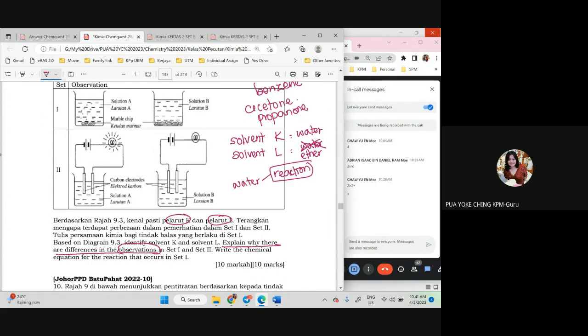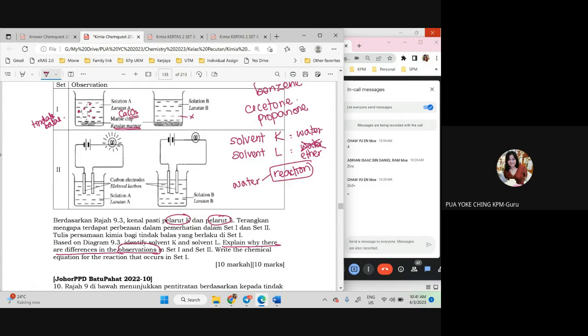Tadi you kata ini ada bubble, ini tak ada bubble. Kan? Kalau ada bubble, maksudnya tindak balas berlaku. Reaction occur. Ini kan marble chips. Marble chips adalah kalsium karbonat.